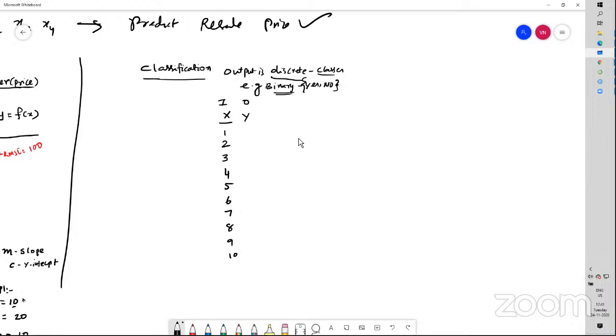These are our input values for X, and Y takes values like, because a classifier output should always be discrete, zeros, ones, or A, B, C, but it has to be discrete. It is not numbers, right? So let's say this is 1, this is 0, this is 0, this is 0, this is 1, this is 0, this is 1, 1, 1. So this is the input and this is the output.